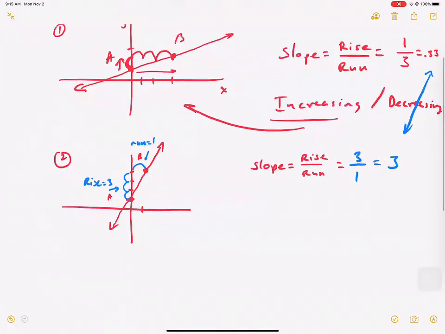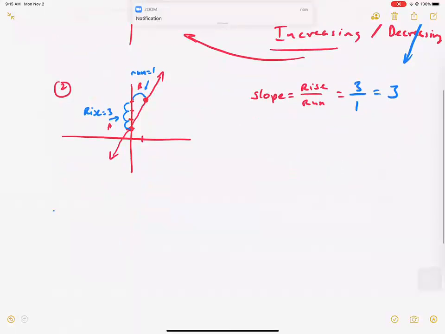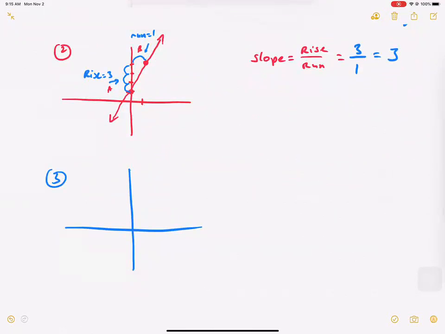Now, let's do one more slope here. Let's do step 3. And this is Mr. Ko's business. Mr. Ko's business is going to go from point A here to point B. So this one isn't nicely on the line, but let's go ahead and see if we can calculate what our slope is still going to be.